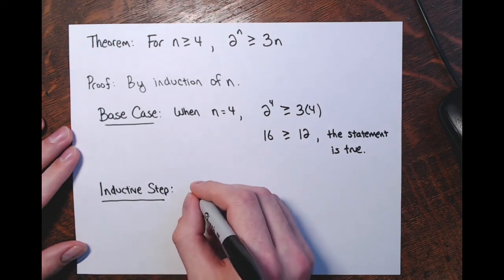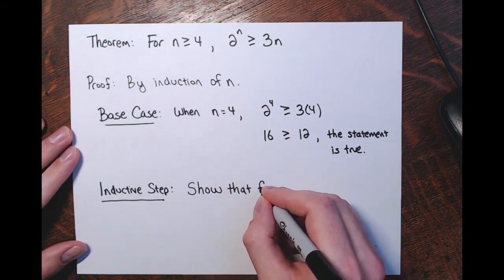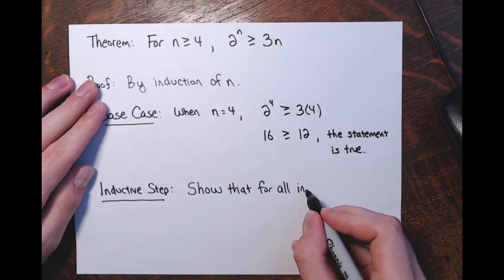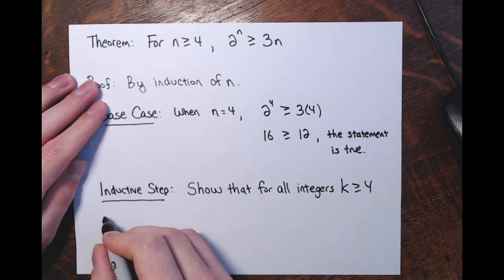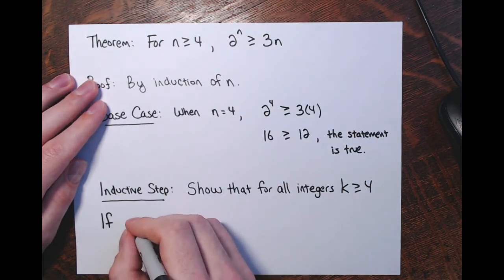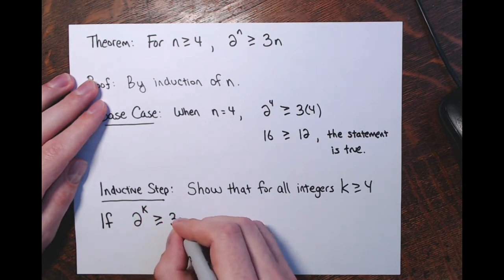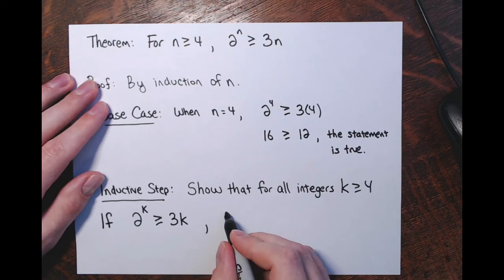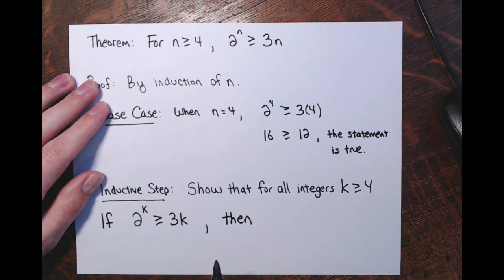We're going to try to show that for all integers k greater than or equal to 4, right, starting with our base case here, if the statement is true for k, for n equals k, so if 2 to the k is greater than or equal to 3 times k, this is our inductive hypothesis, show that then the statement will also be true for when n equals k plus 1.